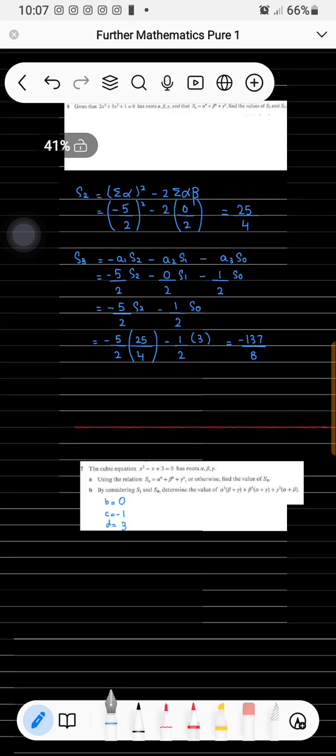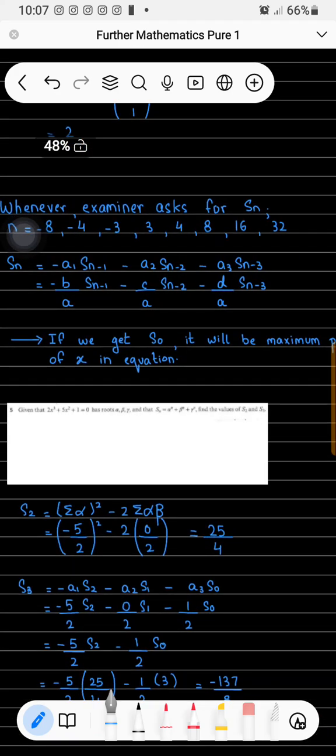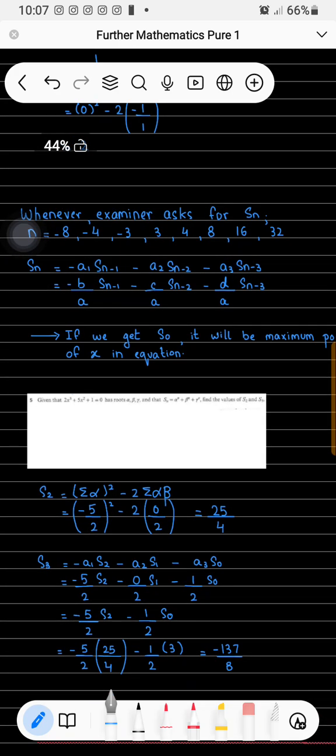We had learned one more formula, that whenever the examiner asks for Sn, where n can be S minus 8, S minus 4, S minus 3, S3, S4, S8, S16, S12. We had learned formulas for sum of alpha and for sum of alpha square.